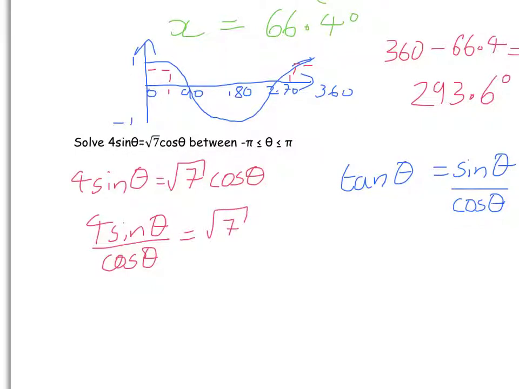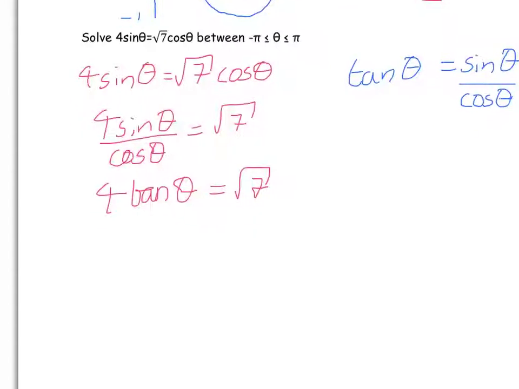As stated, tan theta is equal to sine theta divided by cos theta. So we simplify to make 4 tan theta equals root 7. If we divide both sides by 4, we're left with tan theta is equal to root 7 over 4.